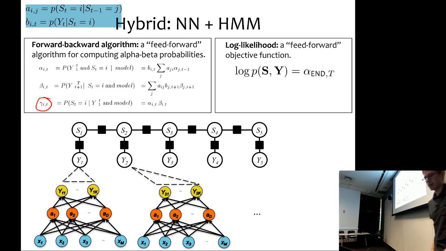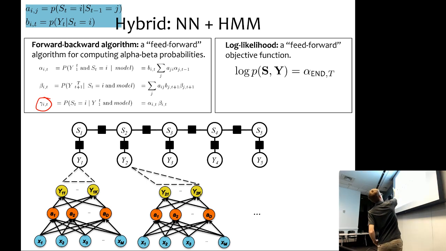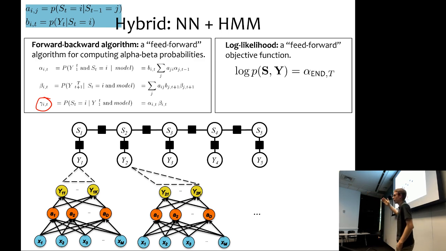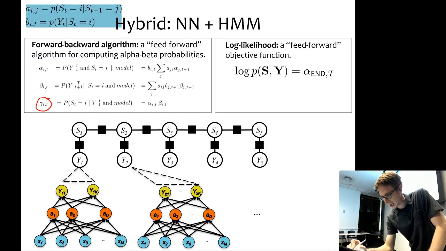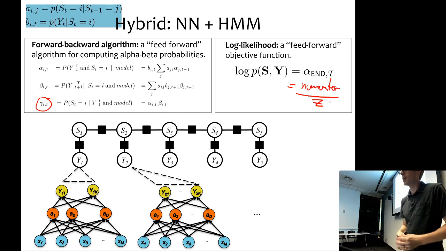And the log likelihood is given by, in this case, if you know the forward-backward algorithm, alpha at T, though we also could have just said it's given by the output of belief propagation: the standard numerator divided by the Z that you compute in belief propagation.